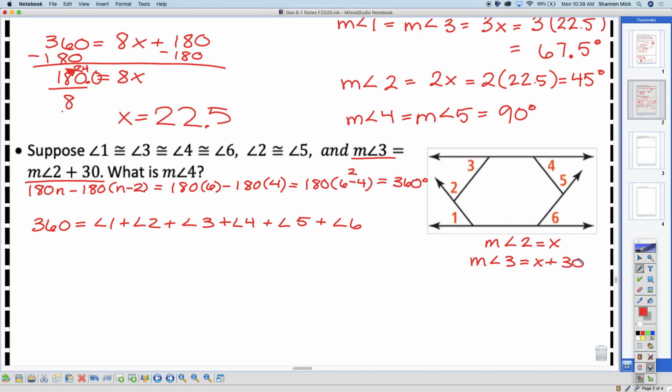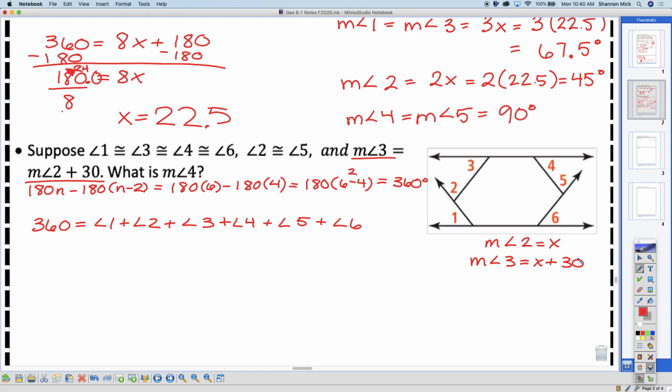Now is it going to be easier to do this problem? Yes, because 1, 3, 4, and 6 are all congruent, correct? 1 is congruent to 3, which is congruent to 4, which is congruent to 6. So we have to plug in all the 2s and the 3s. If you solve one of those, then you solve the problem.